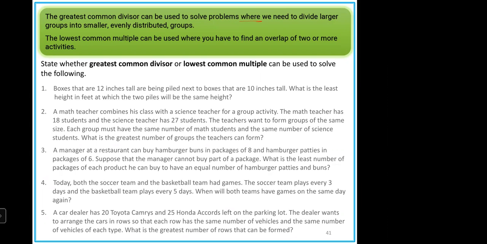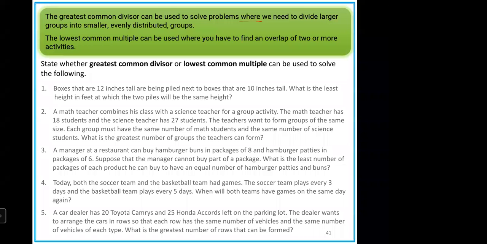Okay, so when will both teams have games on the same day again? Yeah, because you're looking for a point of overlap when they'll meet again. Okay, that's LCM.